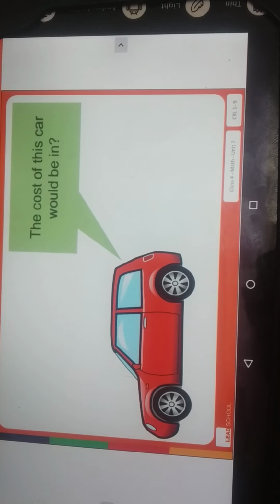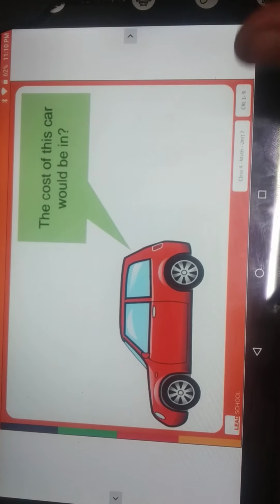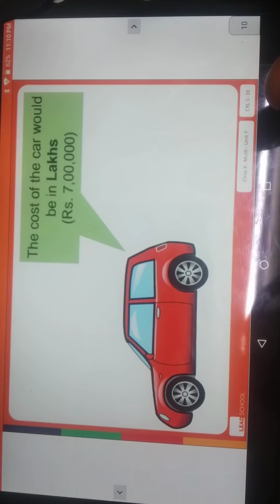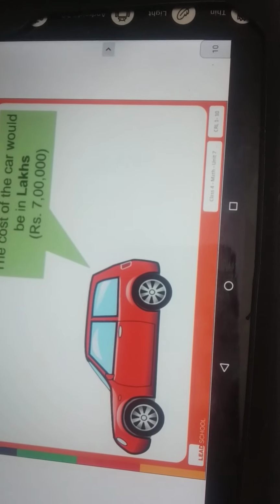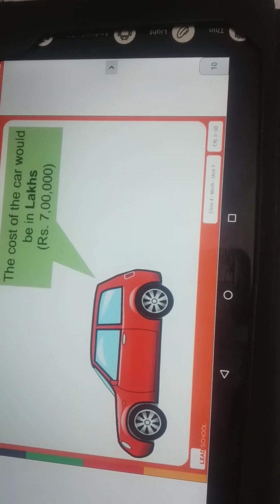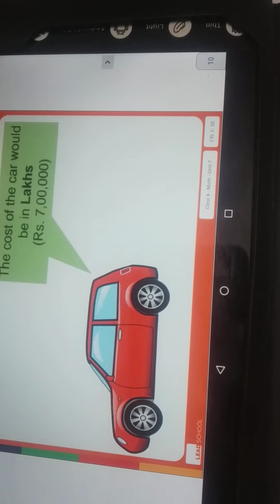How many thousand rupees are there? 17,000 rupees. Now the cost of the car would be in. कार कितने की होगी? So that one is 7 lakhs. How many lakhs are there? 7 lakhs. So did you understand what was the cost? Cost means कोई भी चीज आप परचेज करते हो उसका जो अमाउंट होता है that is called cost. वो कितने का है, ठीक है?